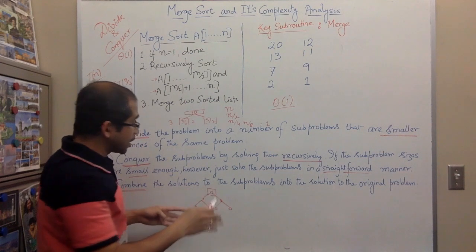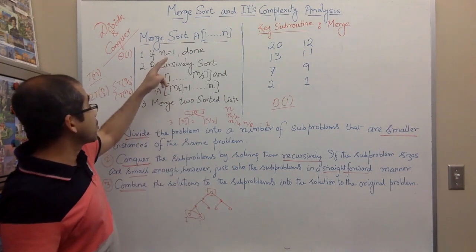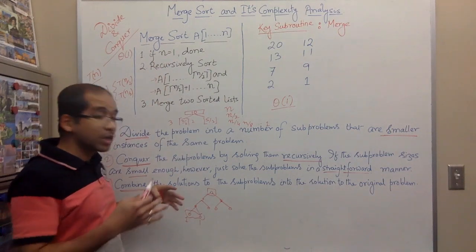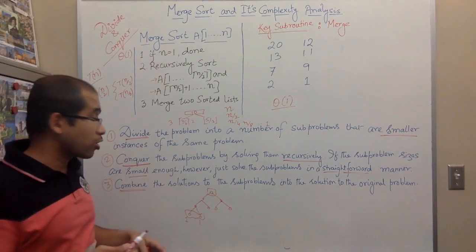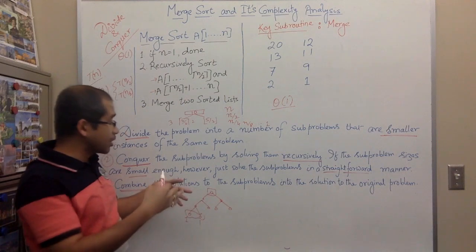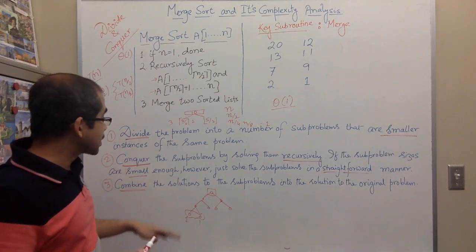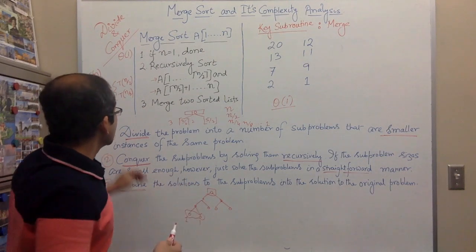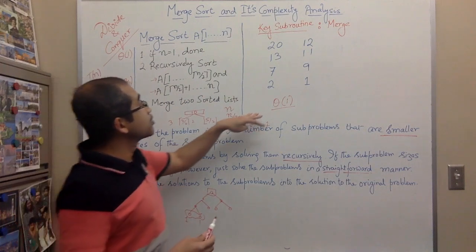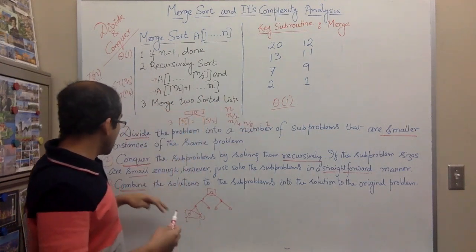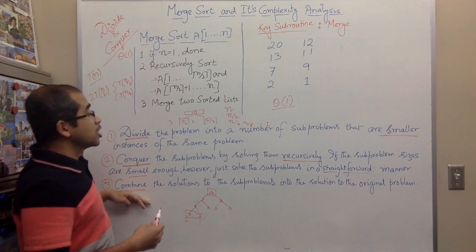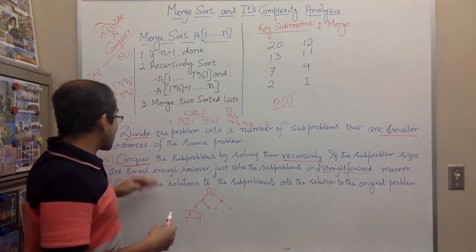We break them down into n equal to 1 element, the base cases, then keep combining them in sorted order, so that when finally all the elements are merged, the entire array is sorted. This procedure of merging is the combine stage of the divide and conquer paradigm.